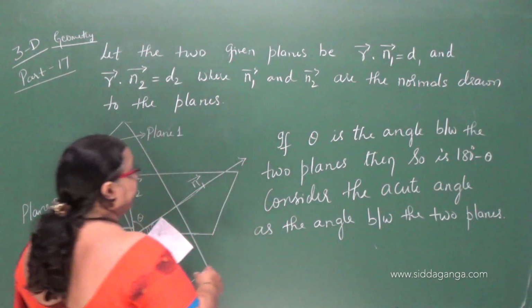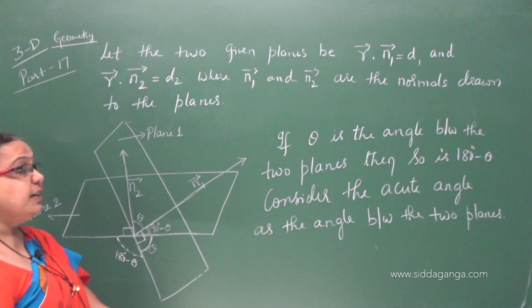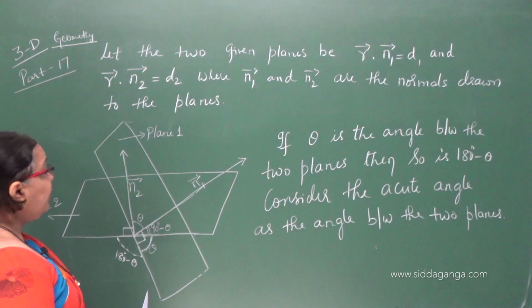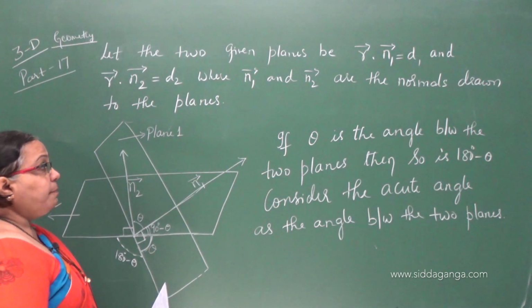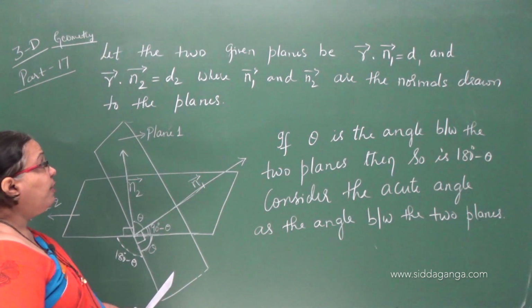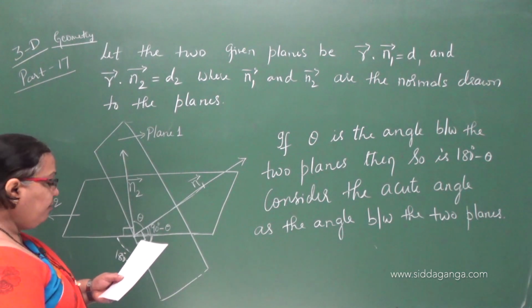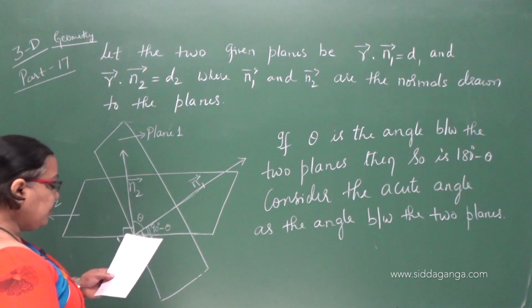So for the first plane n1 is the normal vector, and for the second plane n2 represents the normal vector, which are given for the given planes.